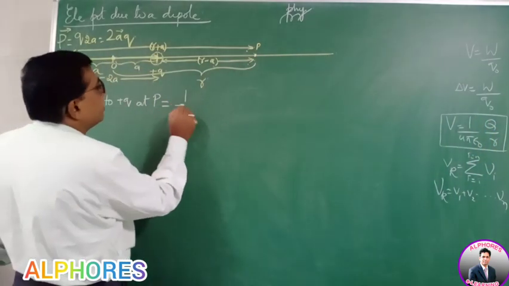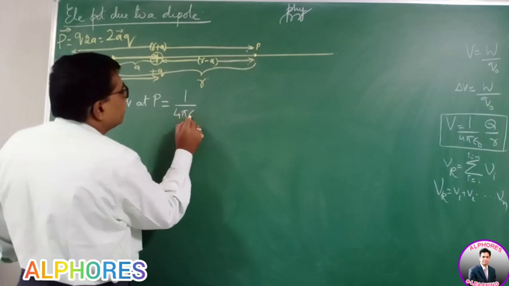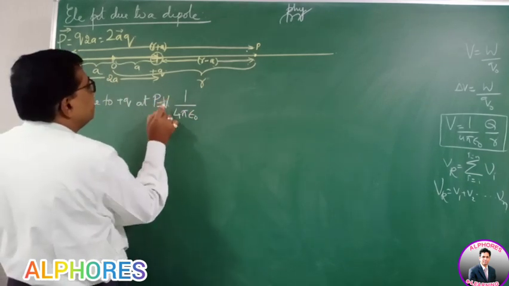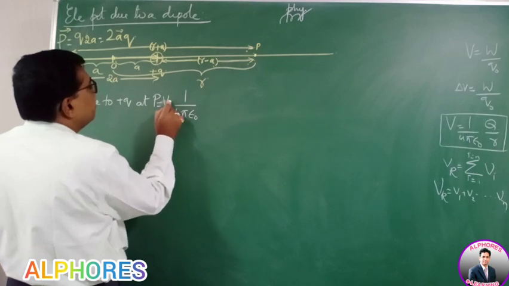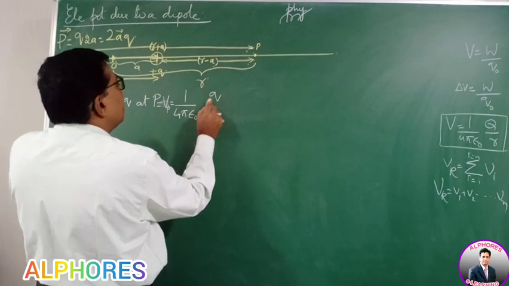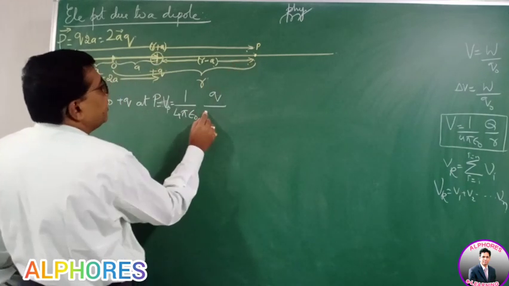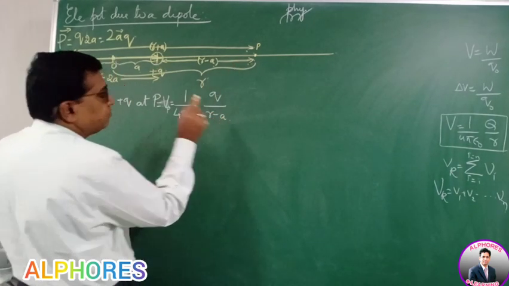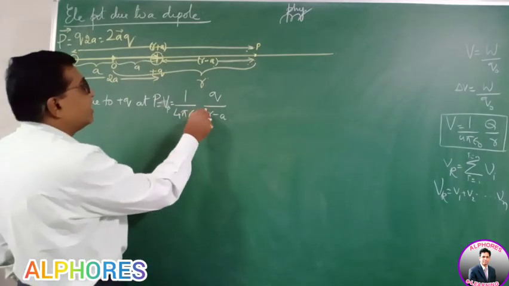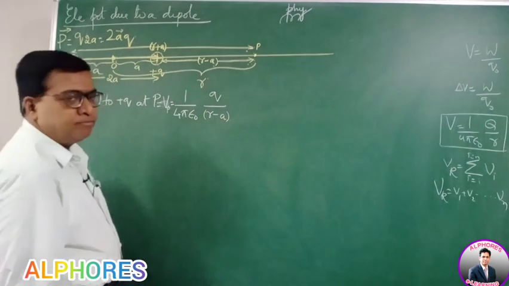So the potential at point P due to the positive charge, Vp, is 1 by 4 pi epsilon naught, the charge is q, and the distance of the charge from point P is r minus a.